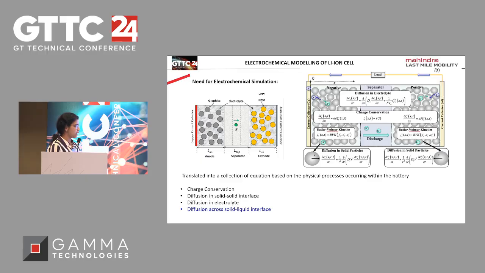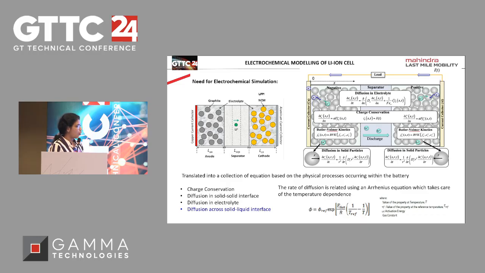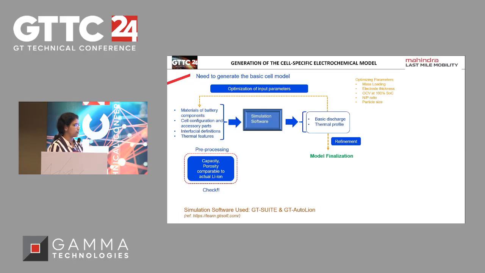This diffusion of the lithium ion across the solid liquid interface is the main part, which drives the process of degradation. All these processes are linked by an Arrhenius type equation to take care of the temperature constraints, which is the practical scenario.